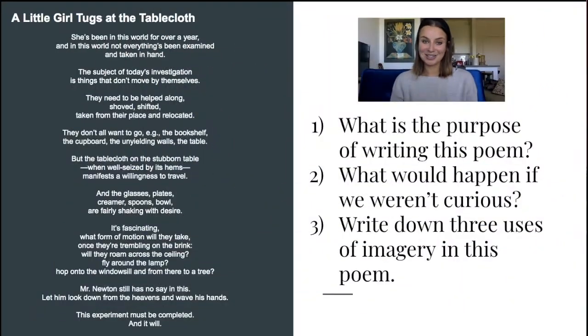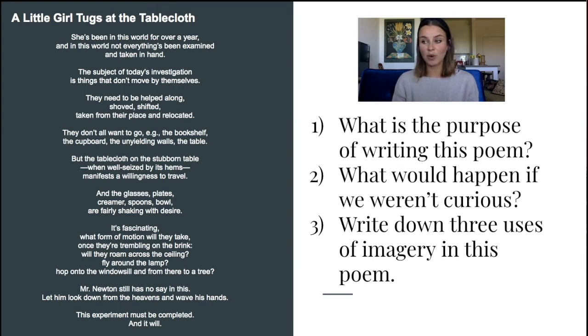It starts with the title, A Little Girl Tugs at the Tablecloth. She's been in this world for over a year, and in this world, not everything's been examined and taken in hand. The subject of today's investigation is things that don't move by themselves. They need to be helped along, shoved, shifted, taken from their place, and relocated.